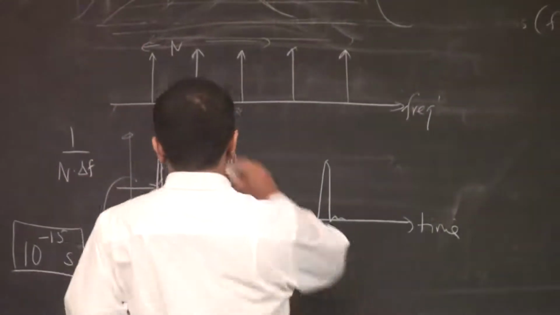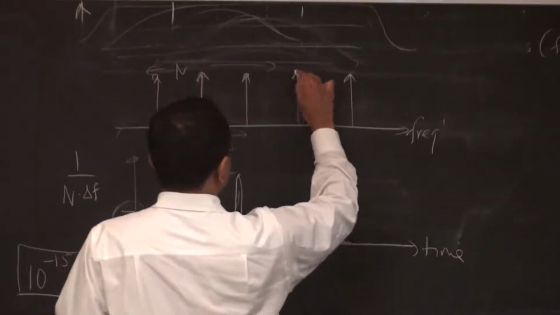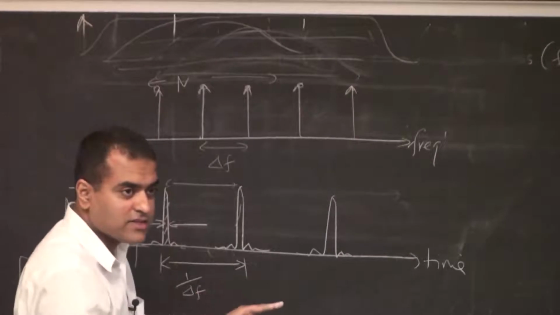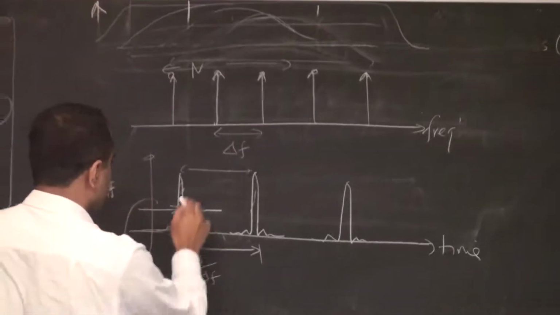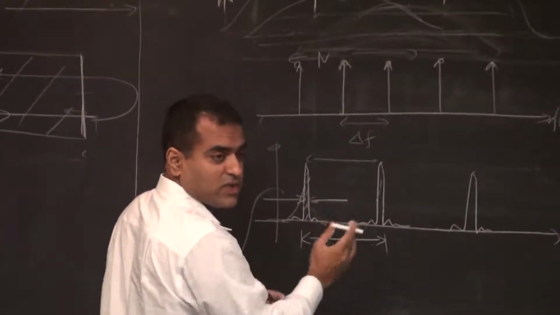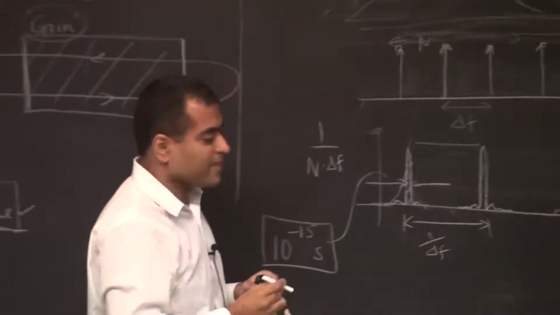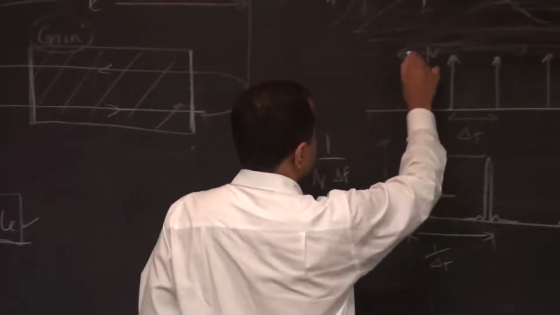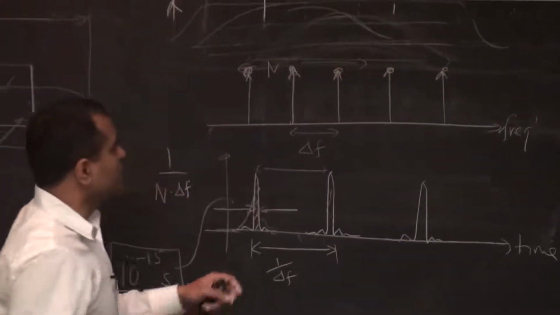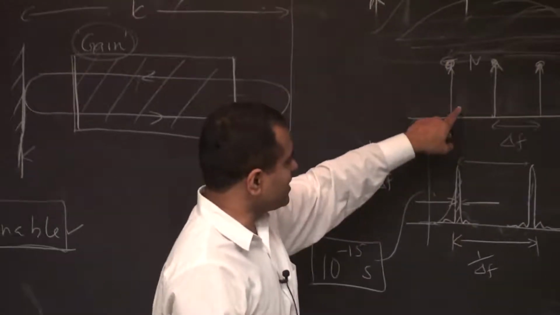But you have to ensure that all these modes get going, when they oscillate, at the same time. If they're out of phase, then you're not in luck. Then what will happen is it is going to broaden, and the pulse will not be ultra sharp. How do you do that? We are going to talk about that later. But as you can see, you have multiple modes and you have to lock their phases.